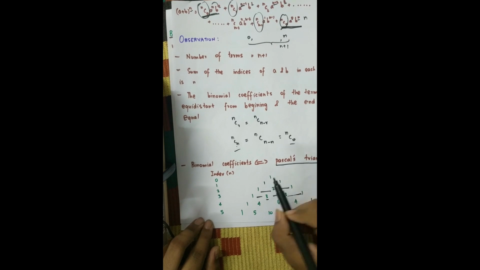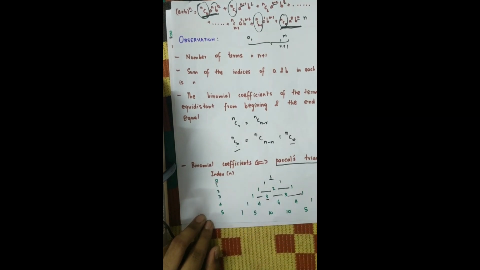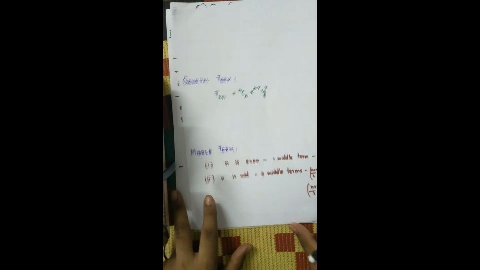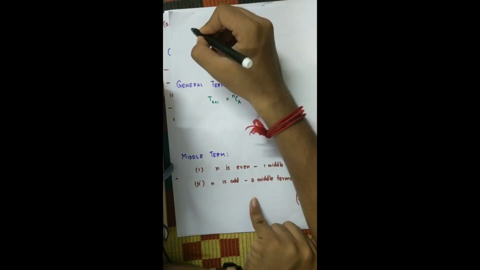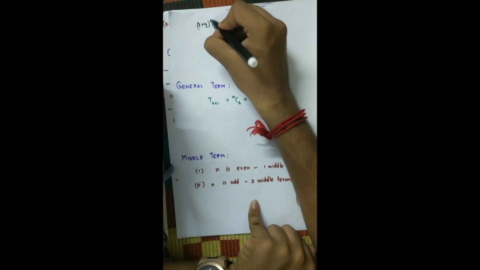Now the first line corresponds to the power n equal to 0. So I'll basically demonstrate this with an example. Let's say we have to find (x plus y) the whole power 4.